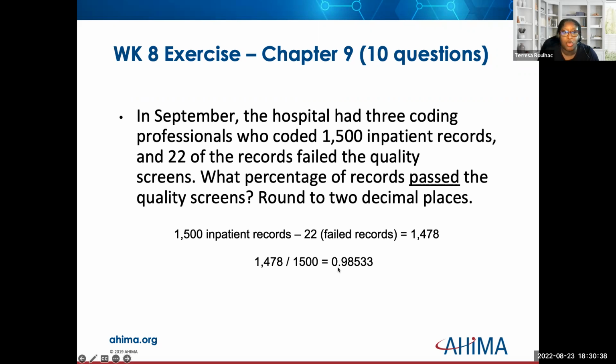And that gives us 0.98533. Multiplying by 100 gives us 98.533. We want 2 decimal places. Looking at this 3, what is it going to do to the 3 in front of it? Nothing. 98.53%. Okay.